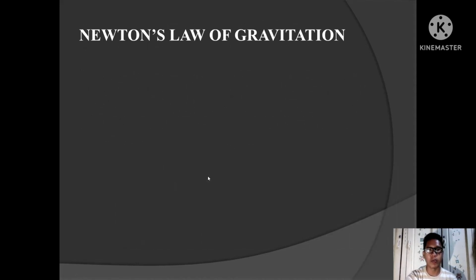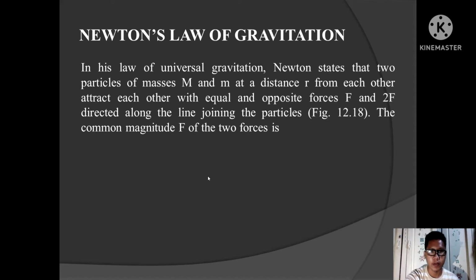We have also Newton's law of gravitation. In his law of universal gravitation, Newton states that two particles of masses M and m, at a distance r from each other, attract each other with equal and opposite forces F and -F, directed along the line joining the particles.